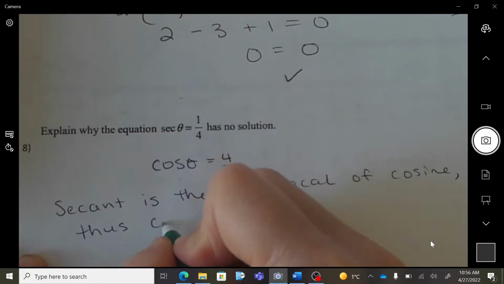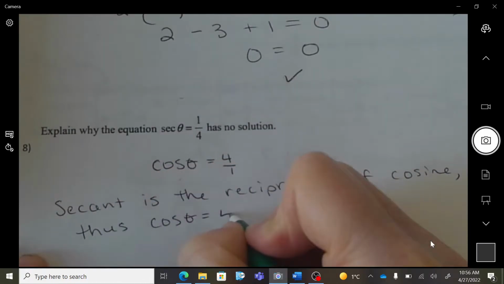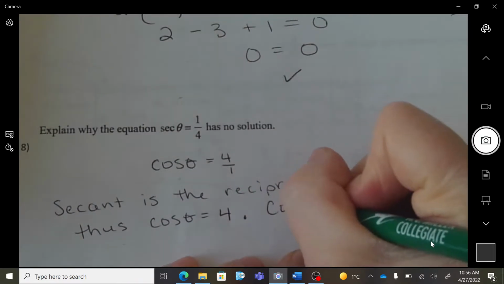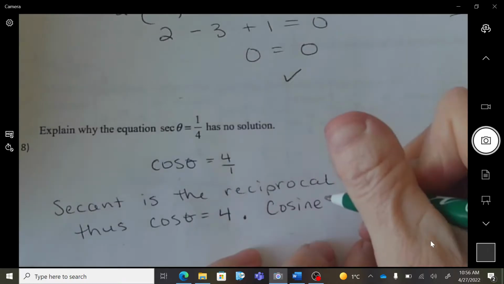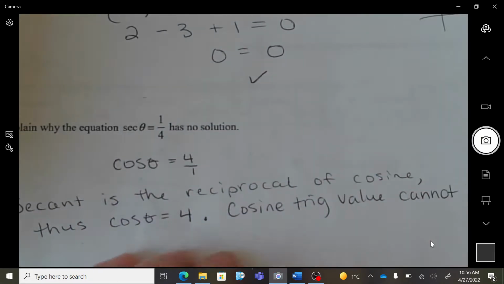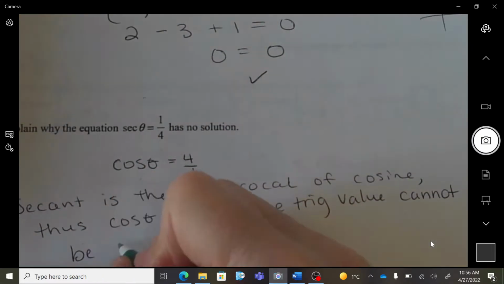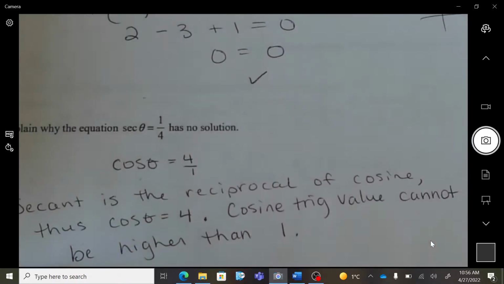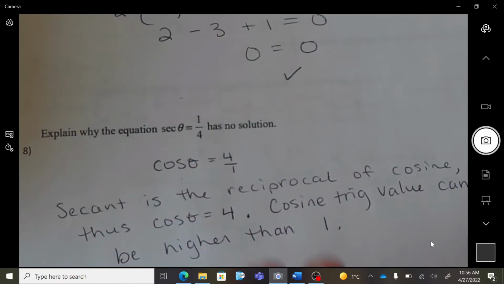Thus, cos of the angle equals 4. Cosine trig values cannot be higher than 1. So that will not work.